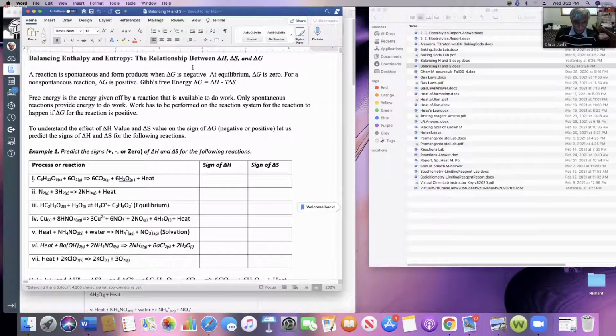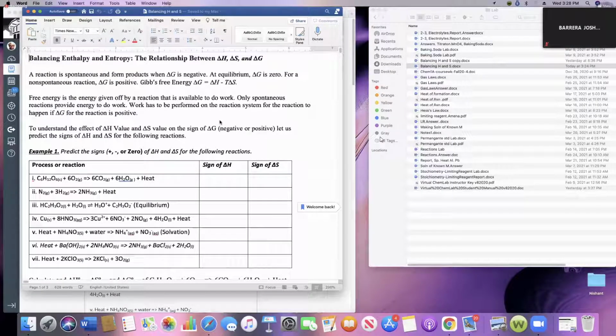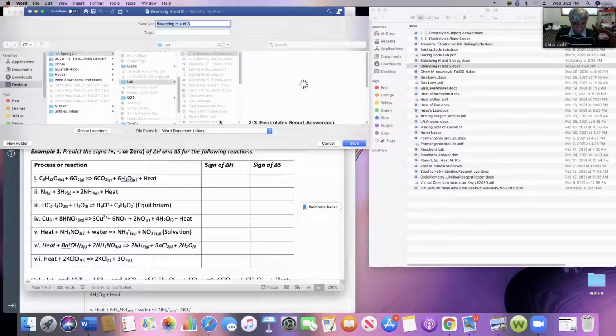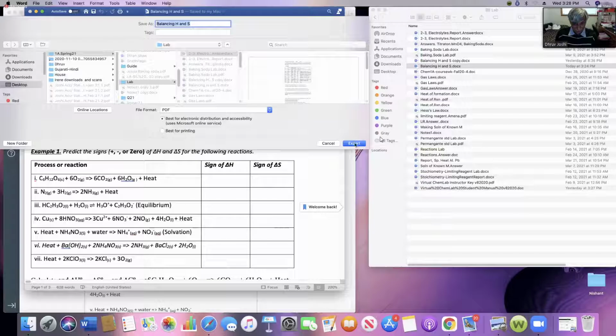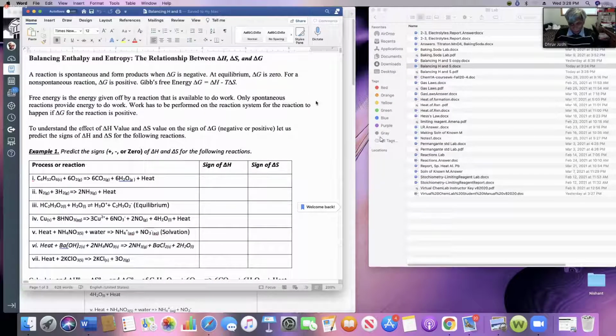All right, let's see. So we're gonna save as. To make a PDF file for export, save as that. So I get this Word document file format. I go into that. It says save as PDF there. So I go there and export. And it says Word is converting. So I should have it over here now.